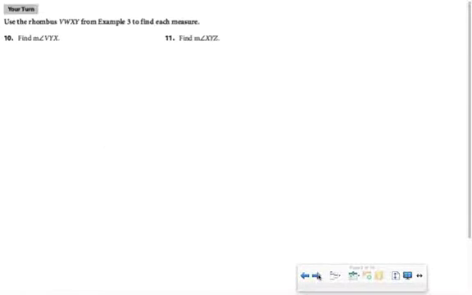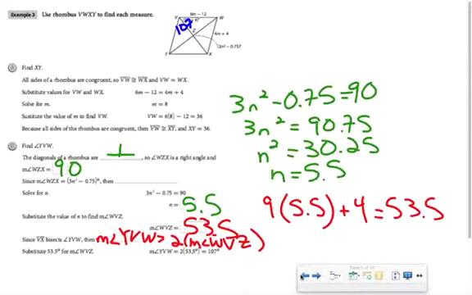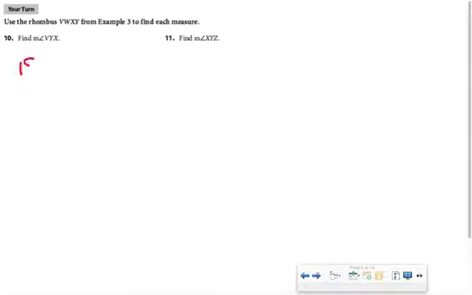So what angle were they asking me for? VYX. Oh, well, they're consecutive angles of a parallelogram, so they add up to 180. So 180 minus 107 is 73. Forgot to carry the 1.